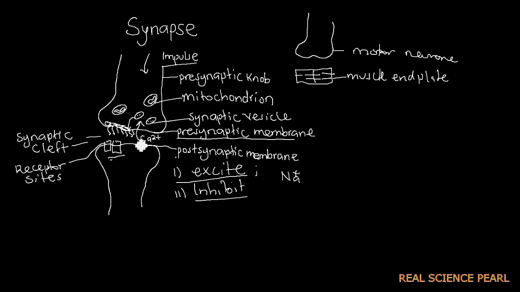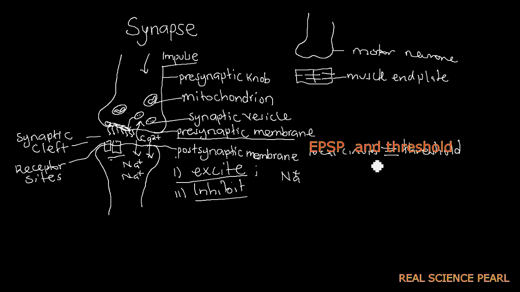When it opens the sodium ion gates, sodium ions from the cleft enter into the postsynaptic knob. This increases the concentration of sodium ions, and remember, sodium ions are positively charged, so they bring about an electrochemical gradient, which is first suggested as the excitatory postsynaptic potential equal to or greater than the threshold.